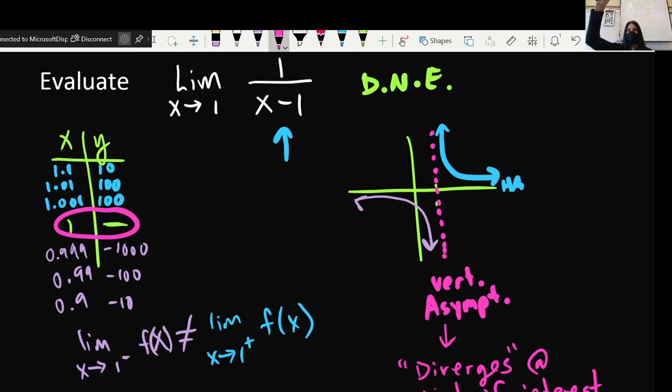It's diverging, meaning it's going in two totally opposite directions, which is an indication of what's happening here. Make sense? That's basically it.